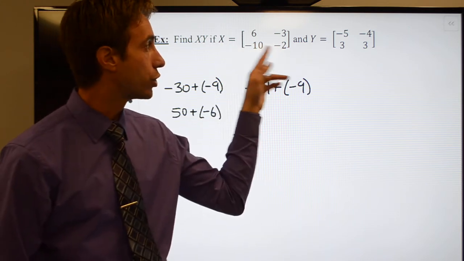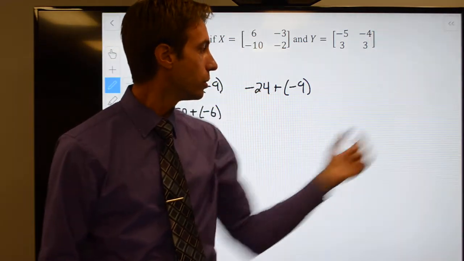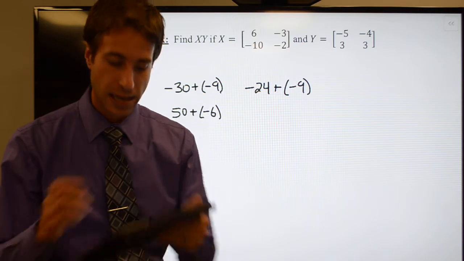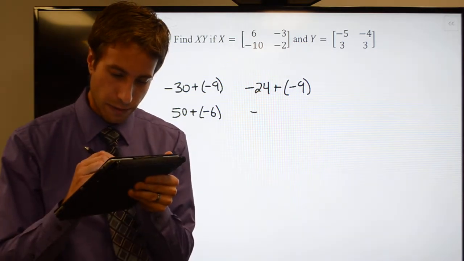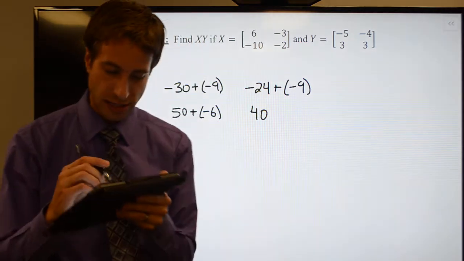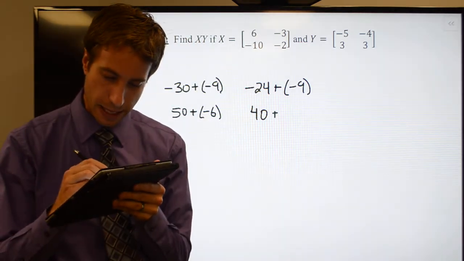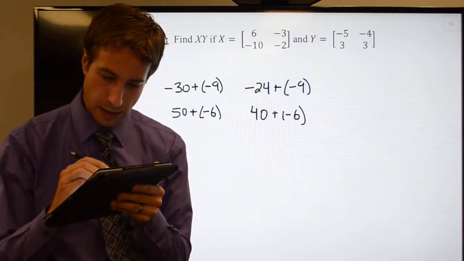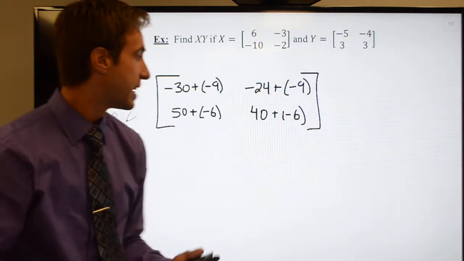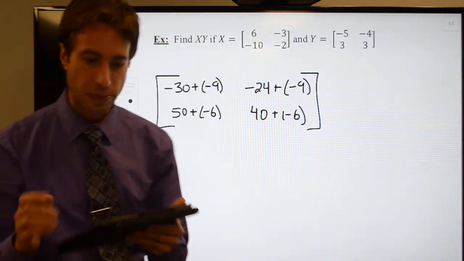We go row 2 and column 2 to get our last element here. Negative 10 times a negative 4 is going to be a positive 40. And a negative 2 times a positive 3, yet again we get a minus 6. All right, so there we go. There's my matrix. I've already done my multiplication. Now all I have to do is a little bit of addition.